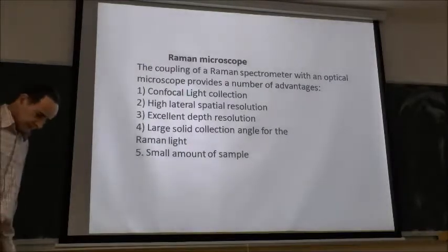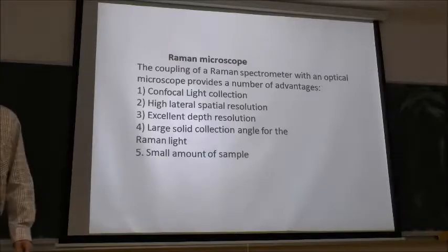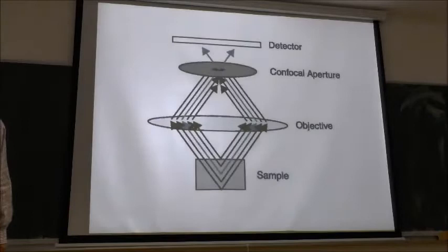If we couple Raman to an optical microscope, we get quite many advantages. First is confocal light collection, so for that reason we have high lateral resolution and high in-depth resolution. Large solid collection angles provide strong signals, and you can use a small amount of sample.